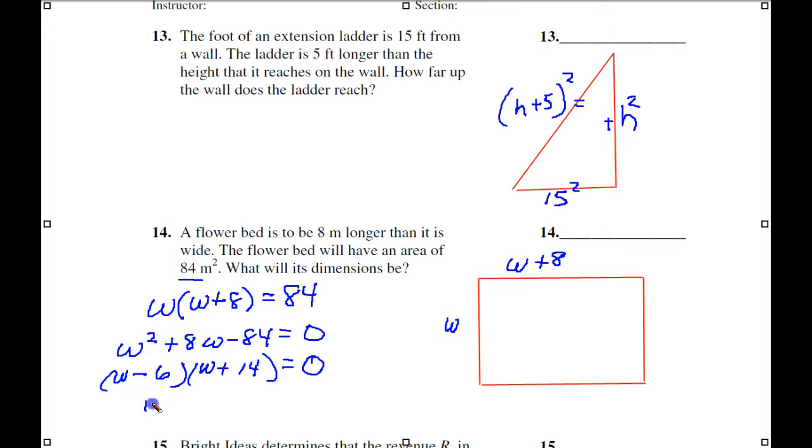So this comes out as W equals 6, W equals a negative 14. We reject the negative. This is 6. This will be 14. Now, some of you can use arithmetic to try to figure out, using this and this is that. But by doing it by algebra, that's the formula, and that's the skill we're working on.